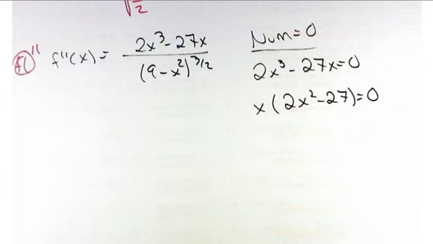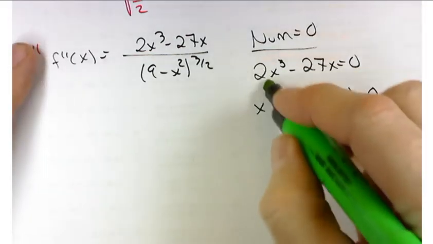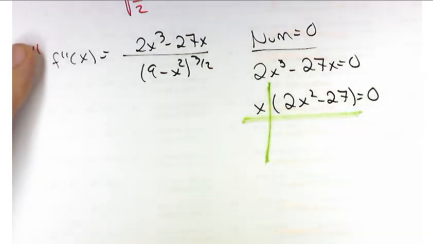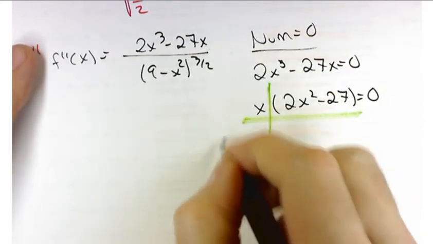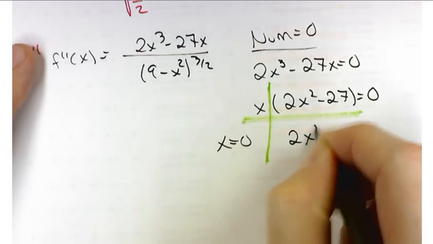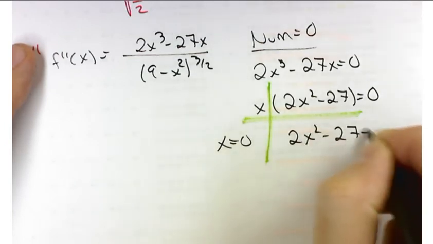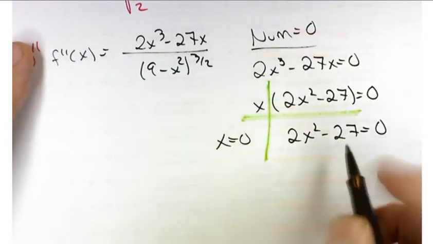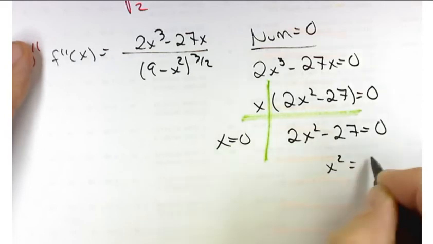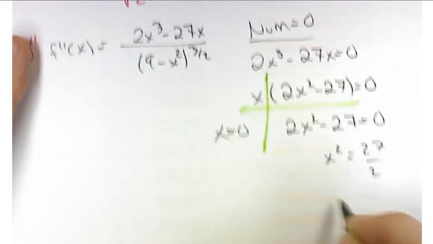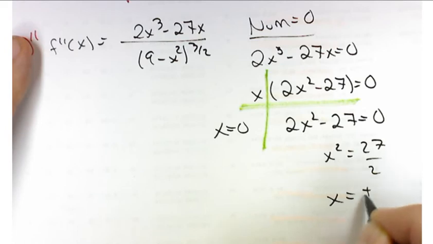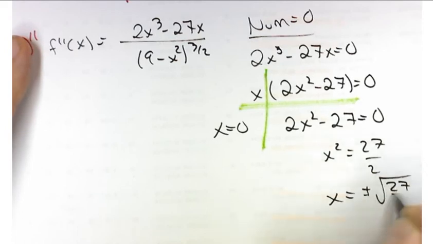Can anyone see one spot where this equals 0? Yeah, when x equals 0, right? You've got something times something equals 0. Either x equals 0 or 2x squared minus 27 equals 0. Now there's good news coming up here. If you solve, you get x is plus or minus the square root of 27 over 2.